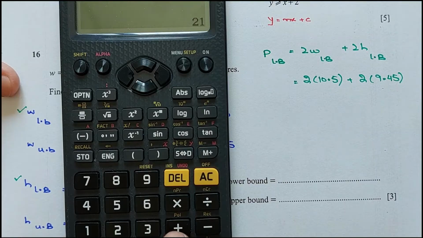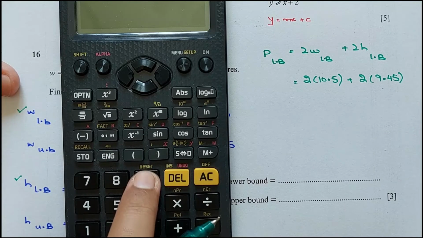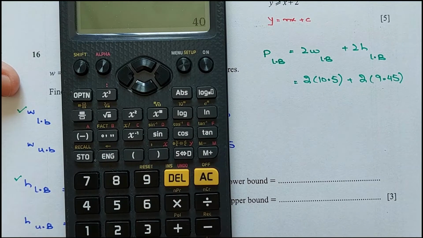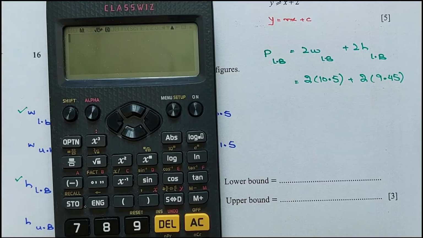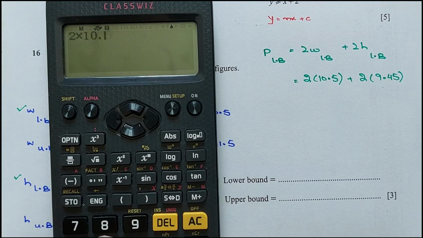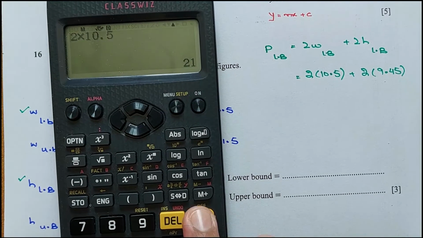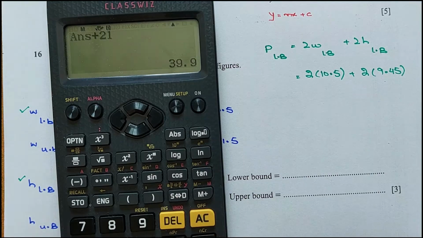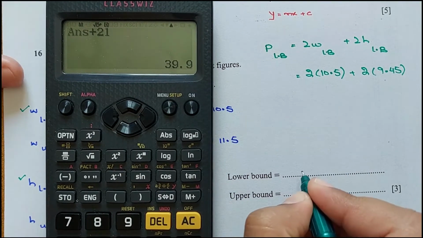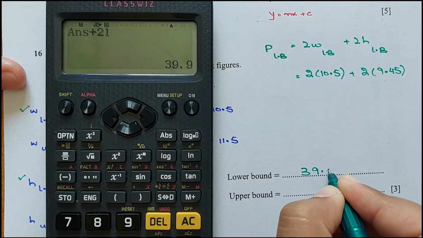Let me calculate again. 2 times 10.5 is 21, and 2 times 9.45 is 18.9, and adding 21, 39.9. This is the lower bound.